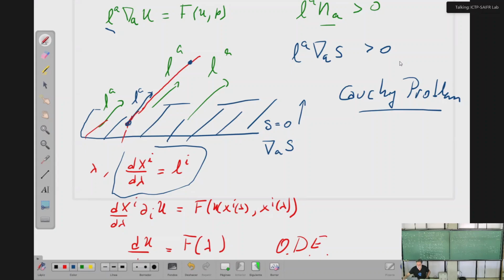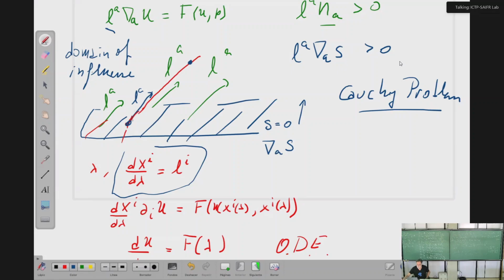Right, the influence is this line to the future from here, and so this is the domain of influence. So if I change the value here, I can influence what happens here, nothing else.